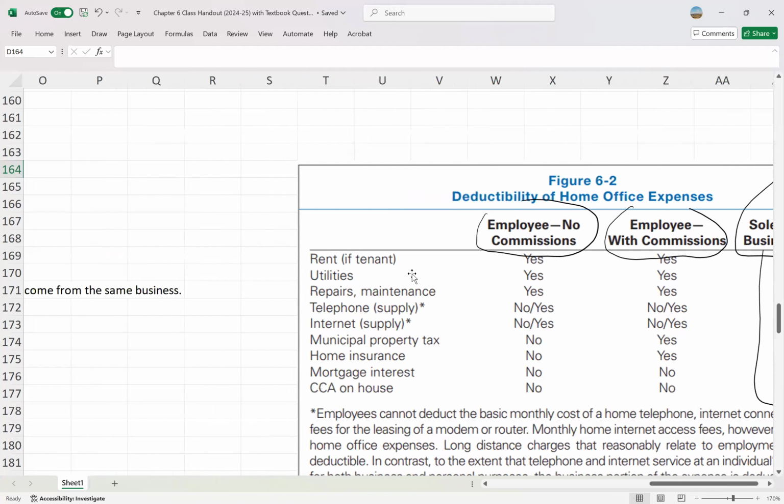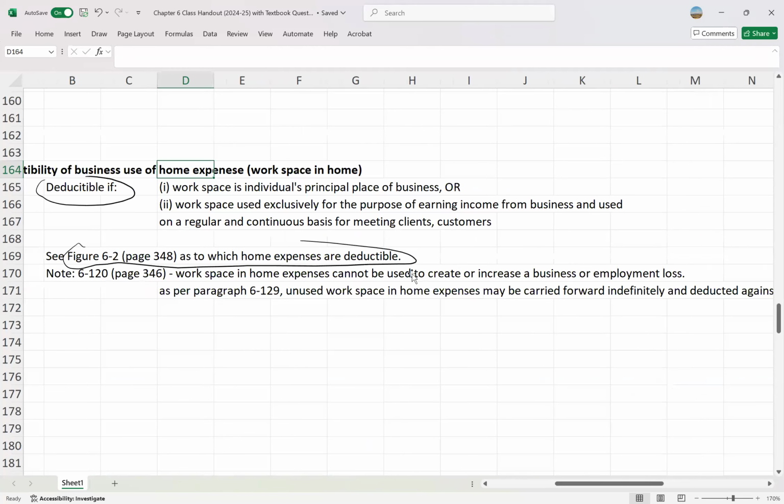Now, a couple other rules. Home office expenses cannot be used to create or increase a business loss. So if you already are losing money in the business and you already have a business loss, you cannot deduct home office expenses to make the loss bigger.